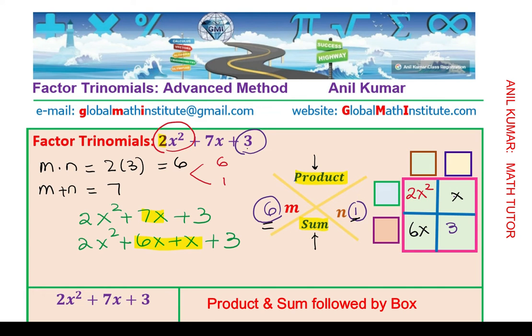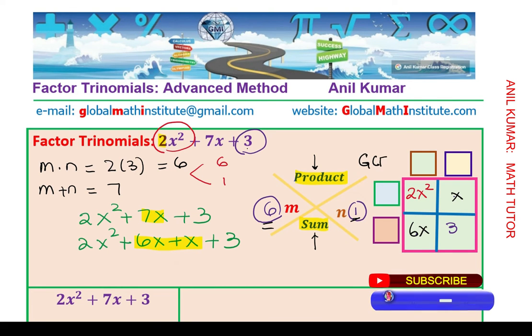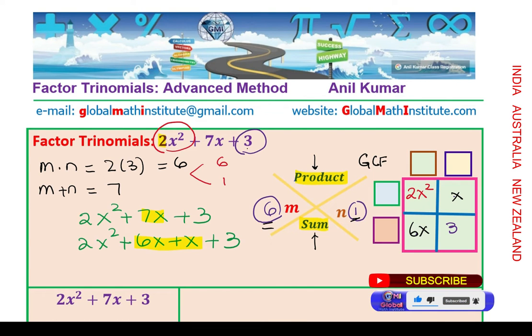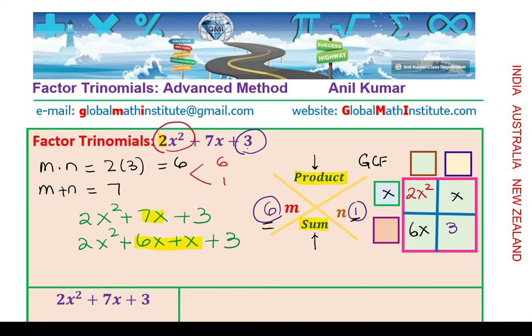Now, to get the factor, what you really do is take greatest common factor, correct? Now, greatest common factor, I've been saying, start with rows, right? So, first row, 2x squared and x, x is common. The second row, 6x and 3, 3 is common. And therefore, you get your first factor, which is x plus 3, correct?